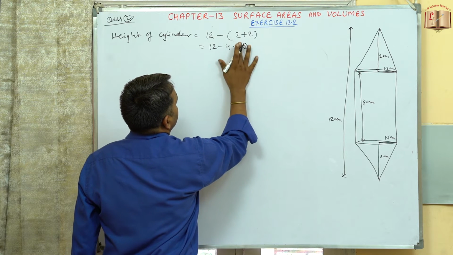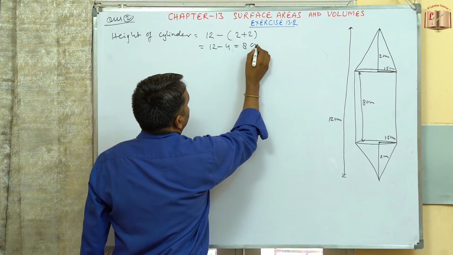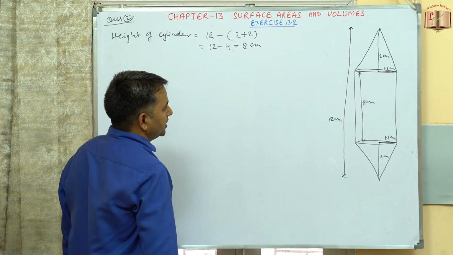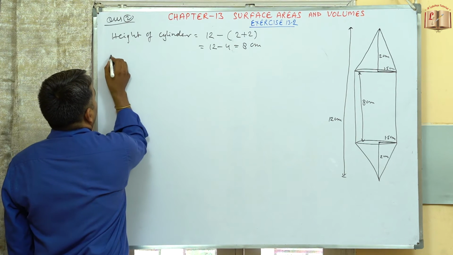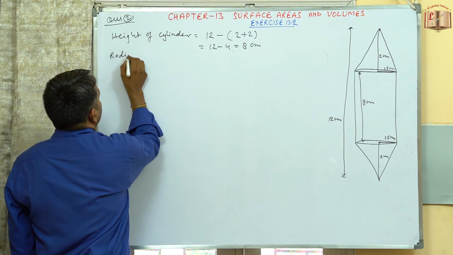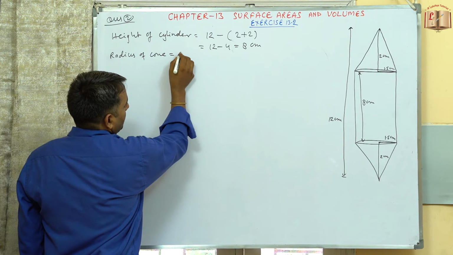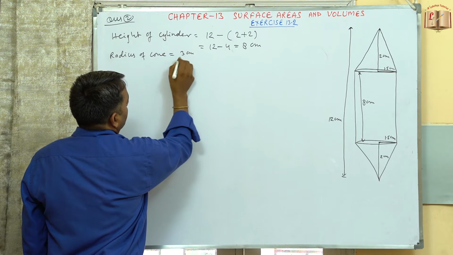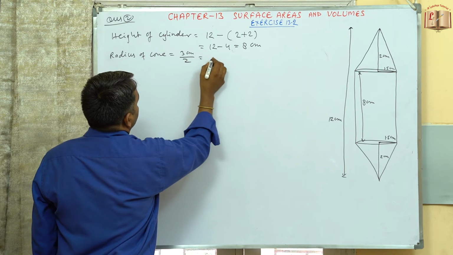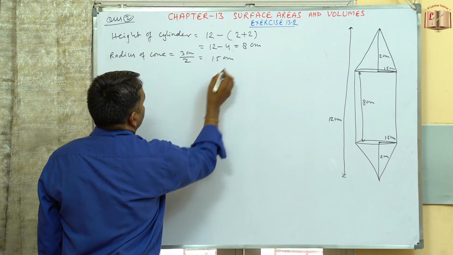So this is 8 centimeter is the height of the cylinder, and radius of the cone is already given. So diameter is 3 centimeter divided by 2. So this will be 1.5 centimeter.